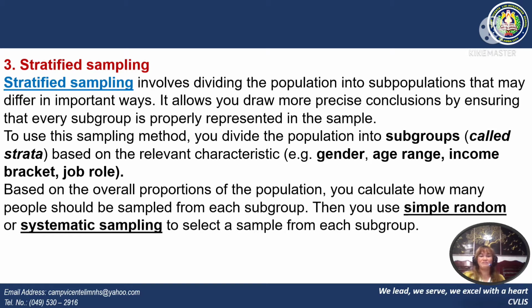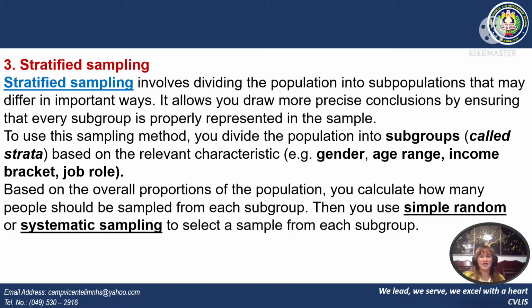To use this sampling method, you divide the population into subgroups, or what you call the strata, based on relevant characteristics, for example gender, age range, income bracket, job role, and more. Based on the overall proportions of the population, you calculate how many people should be sampled from each subgroup. Then you use simple random or systematic sampling to select a sample from each subgroup.